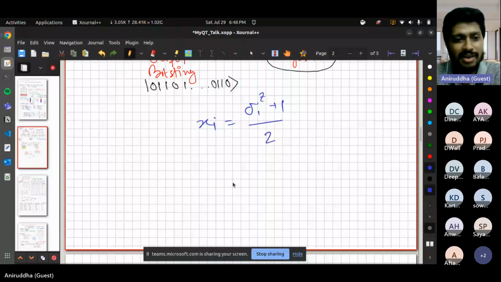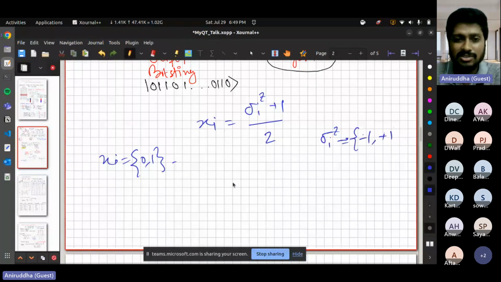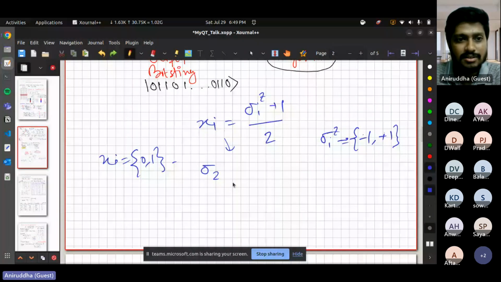What were the possible values for x? That is 0 and 1. For sigma i^z, the possible values are -1 and +1. How is this possible? Let's simplify it. Sigma i^z is 2xi minus 1, if you simplify the expression.